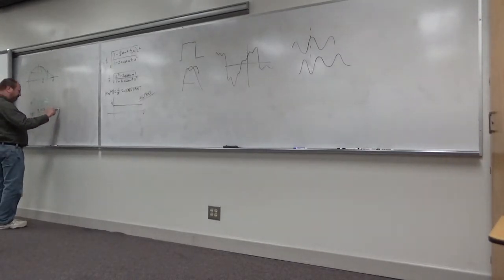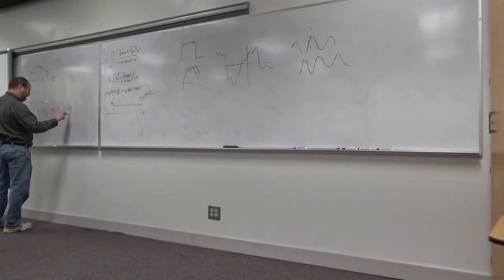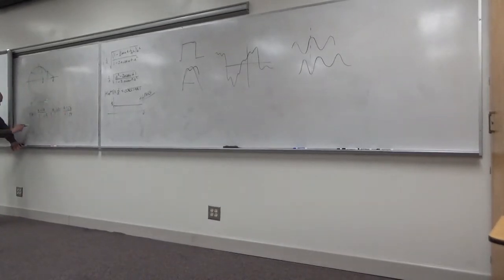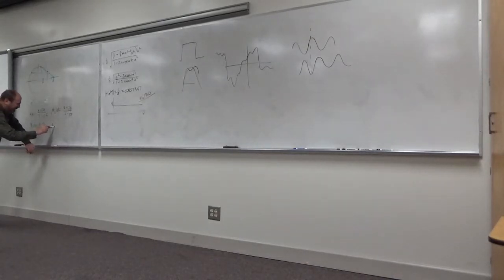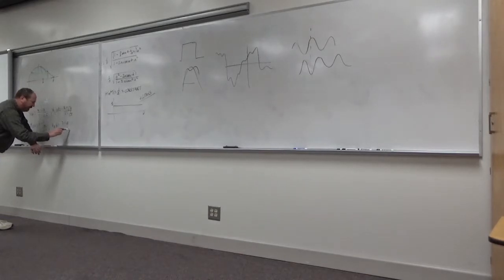H2 of z is z minus 1 over 0.8 over z minus 1 over 0.5. H3 of z, z minus 1 over 0.8 over z minus 0.5. H4 of z, I think 4 is as far as I can go. z minus 0.8 over z minus 1 over 0.5.